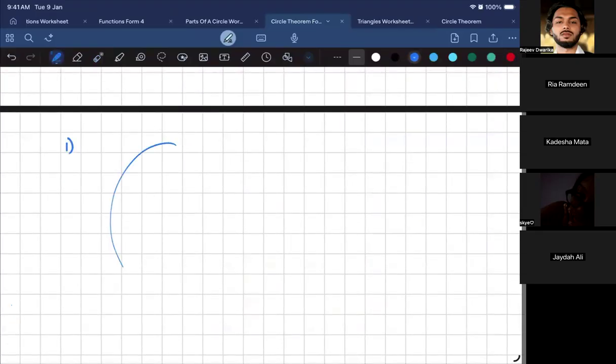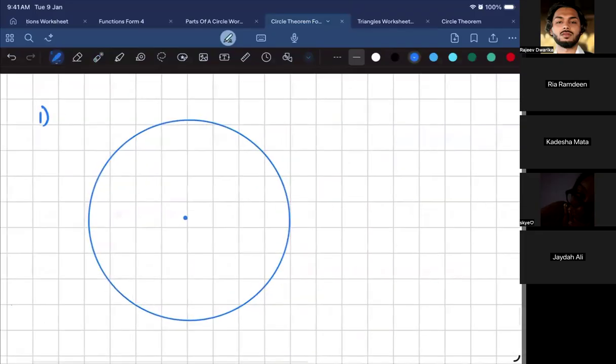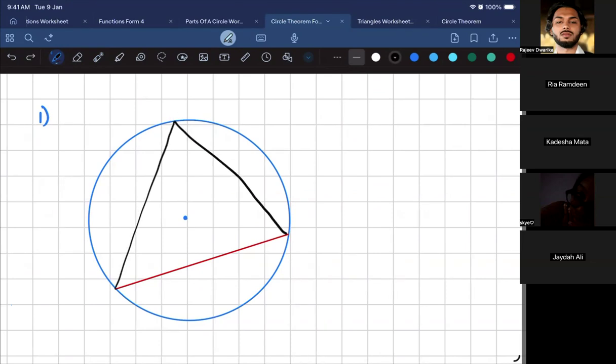I'm going to draw a circle here. Somebody tell me fast, what would I call this red line over here? A chord, right? Nice. I'm going to draw two angles, and draw another one.